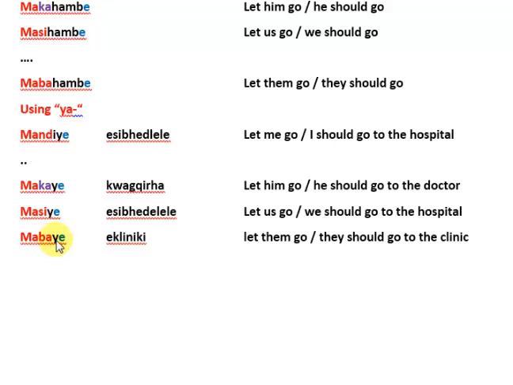Mabaye ekliniki, let them go, or they ought or should go to the clinic. Again, we can see here that the little verb ya has become ye, and here again is our problem child with he or she, where we have maka.